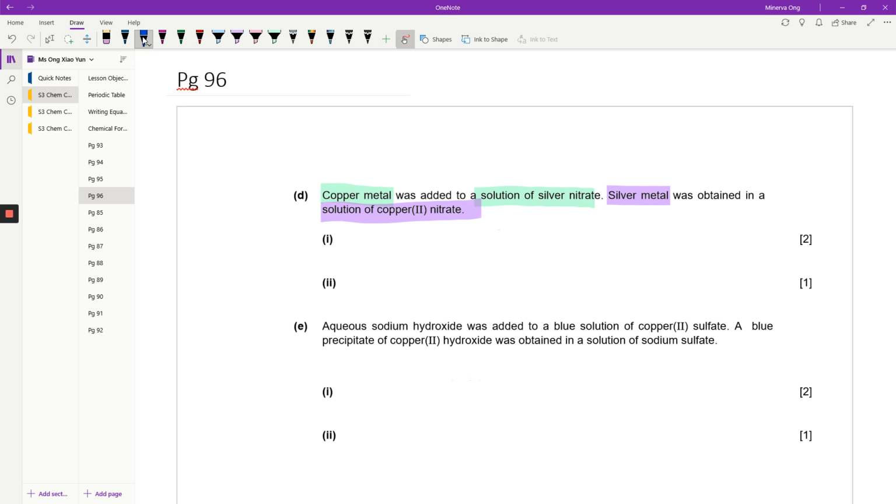So I can directly write out copper, silver nitrate. Silver nitrate requires us to do the formula. Silver, nitrate, plus, minus. How do I get all this?